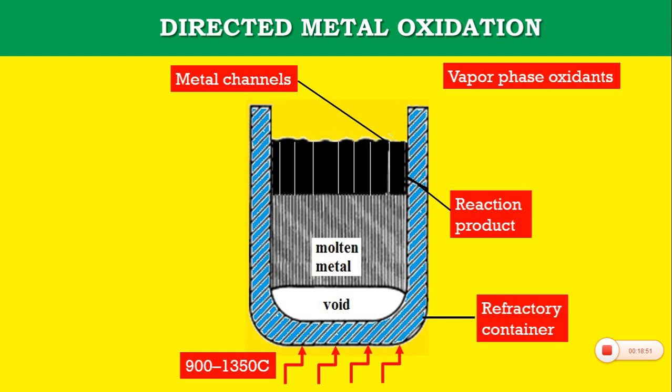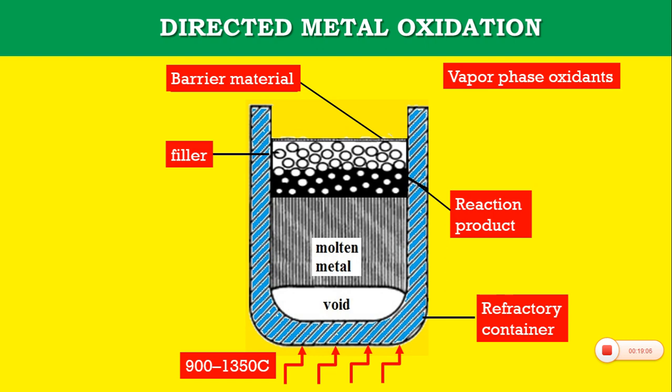This directed metal oxidation process is also used for making composites. By using this method, we can make a composite with a filler material, which can be shaped into any form. These particles, preformed in shape and size, are used to reinforce the aluminum oxide and the residual aluminum matrix.